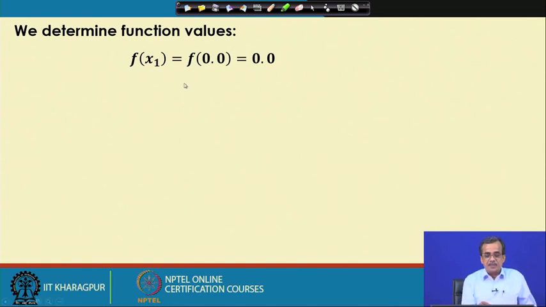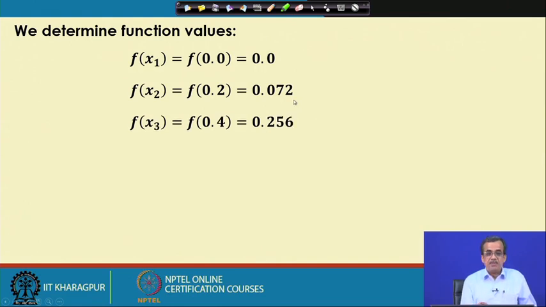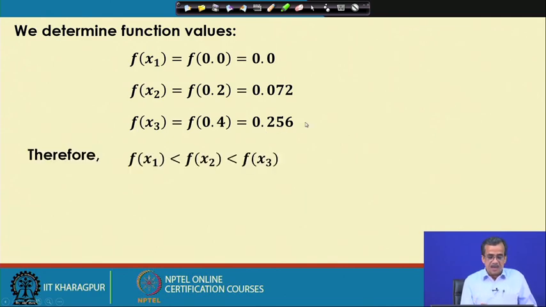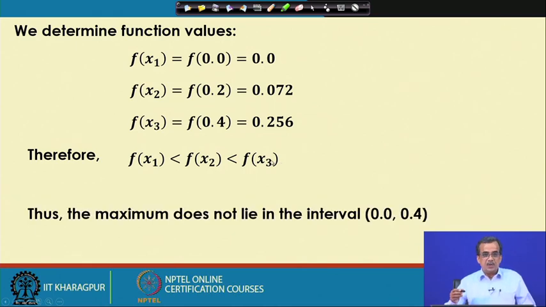F of x 1 is found to be equal to 0.0, f of x 2 is found to be equal to 0.072, and f of x 3 is coming to be equal to 0.256. Now, here f x 2 is found to be greater than f x 1 and it is found to be less than f x 3, and we conclude that the maximum does not lie in the range of 0, 0.4.